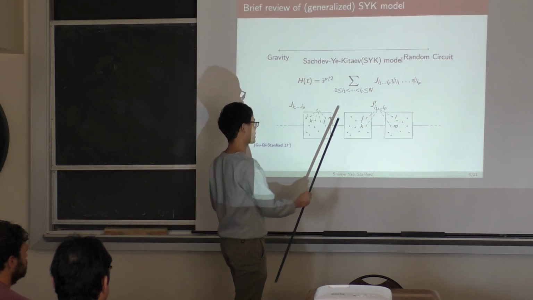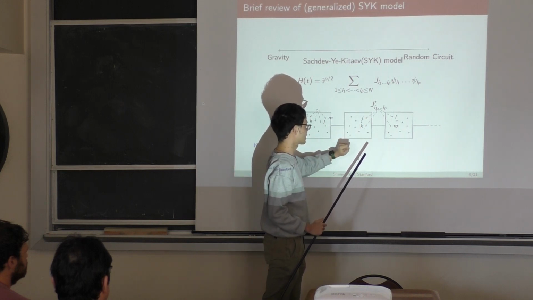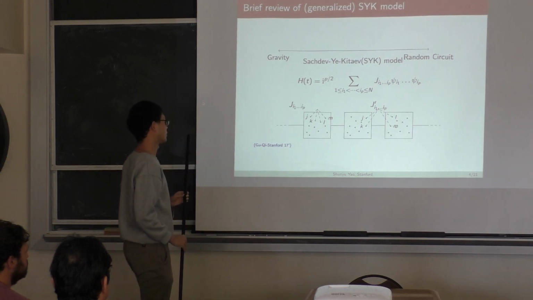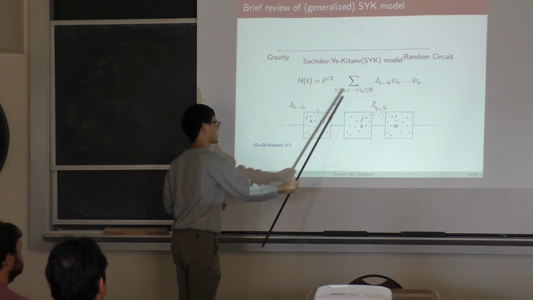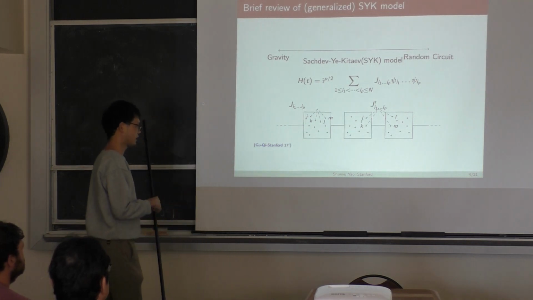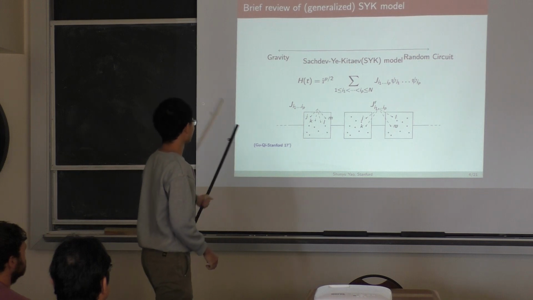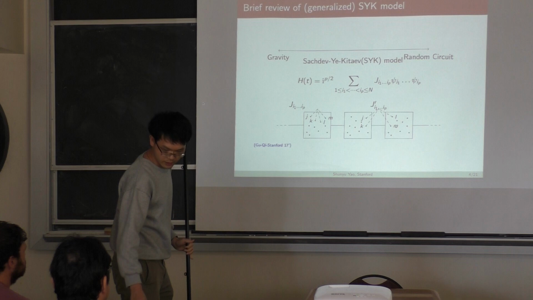This interaction term couples, say, p/2 fermions here with p/2 fermions there. Harvey was mentioning that all these random Gaussian variables are independent from each other. That's a model actually proposed in this paper by Buchi and Center.